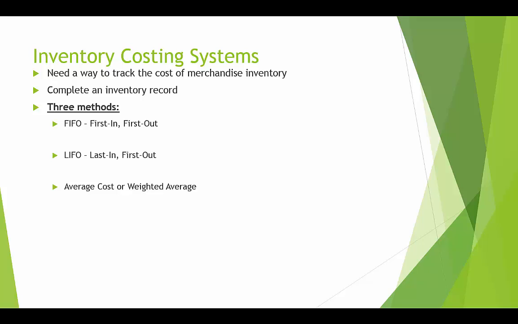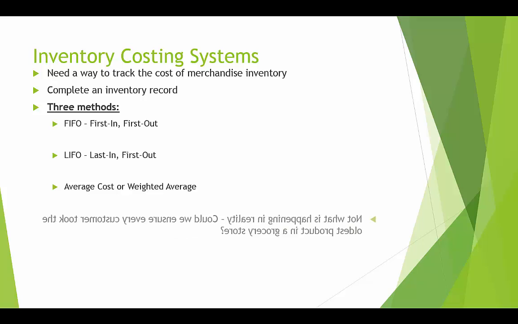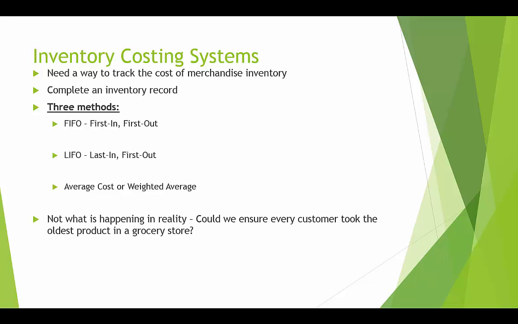What we have to think about here, and really remember, is that it's not what's happening in reality. The way I can explain this is to ask you a question: could we ensure that every customer took the oldest product in a grocery store? Well, the answer is no, but we would hope that we would be rotating the shelves and that people would be taking the first one on the shelf.